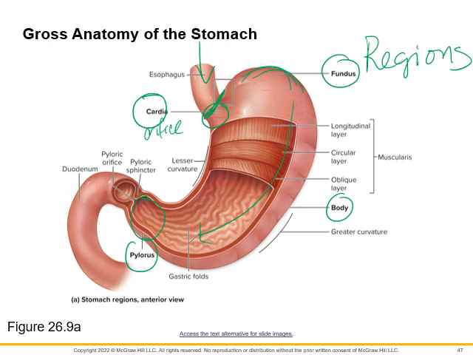So I think there's a little discrepancy between the textbook and our lab book. I don't believe it says cardia orifice, I believe it says cardiac sphincter. Here you can see pyloric sphincter, the muscles here that would close off the chyme from moving from the pylorus into the duodenum, which is part of the small intestines. And then the opening is the pyloric orifice.